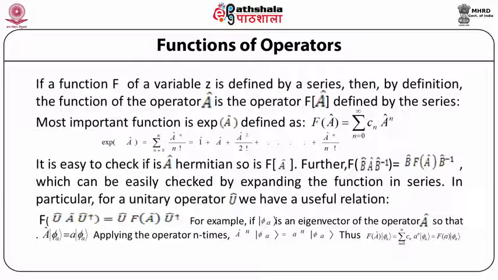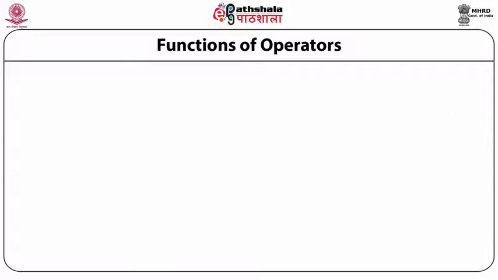Thus, f of operator A acting on ket vector phi a is equal to the summation over n going from 0 to infinity of c n times a to the power n ket vector phi a, and this is equal to f of a acting on ket vector phi a.